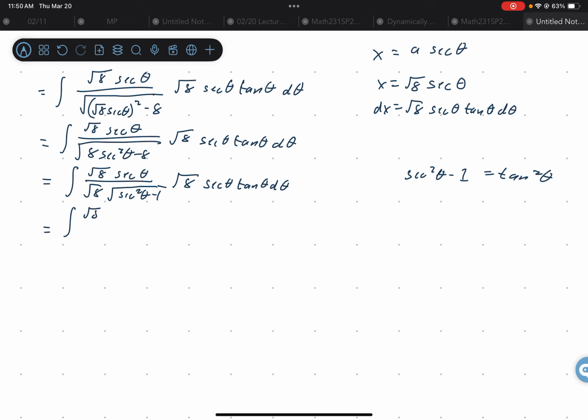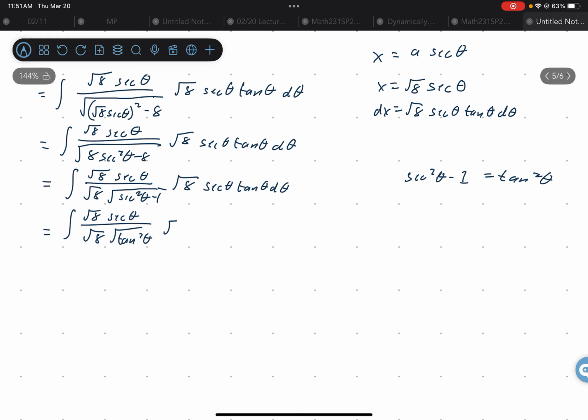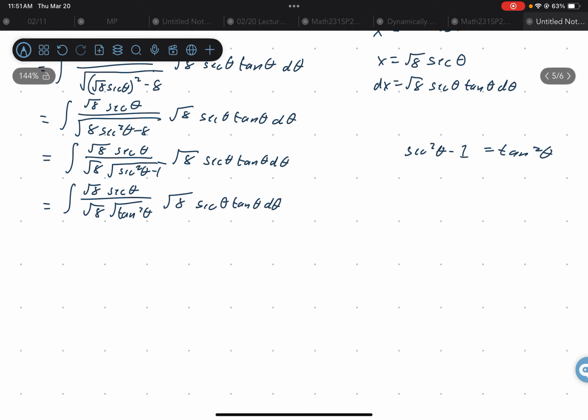So square root 8 secant squared over square root 8 square root tangent squared theta. Here we go. Times square root 8 secant theta tangent theta d theta.